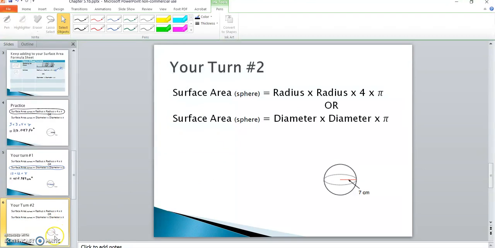All right, for our last one, I would like you to pause the video and figure out if we're going to use the radius or the diameter for this one. And then I would like you to finish off the formula.